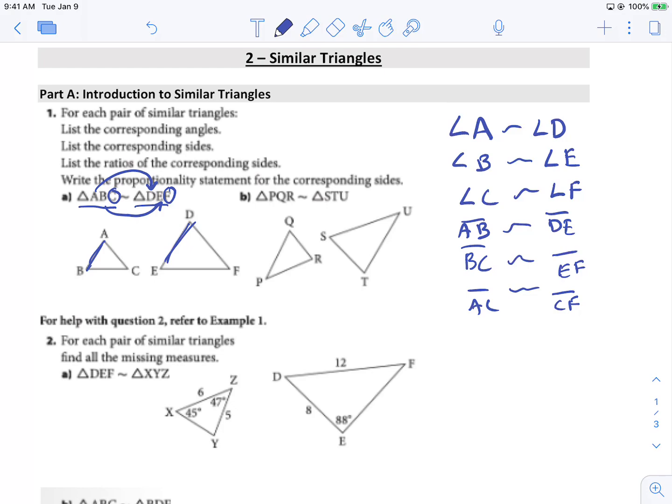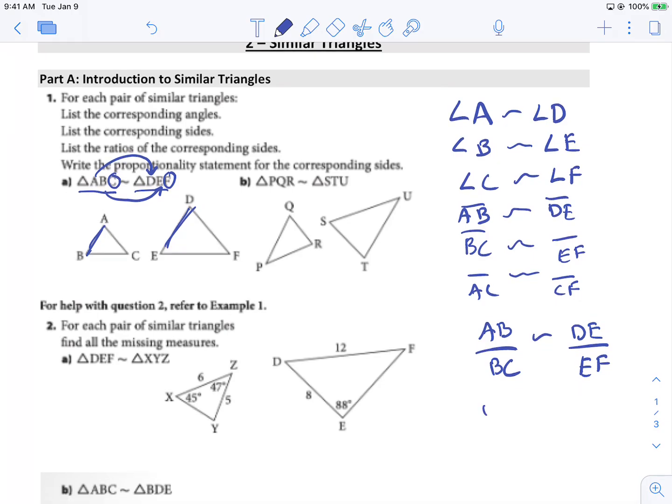All we need to do is take all of the sides that we just developed and turn them into ratios. So AB over BC is similar to DE over EF. And if we had BC over AC, that would be similar to EF over DF, and that pattern would continue. So that's exactly what we're doing with that.